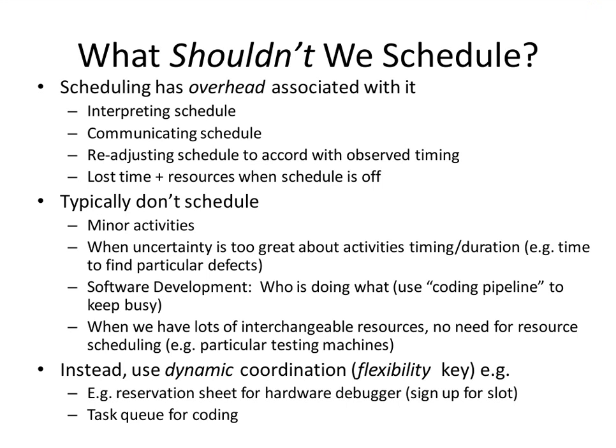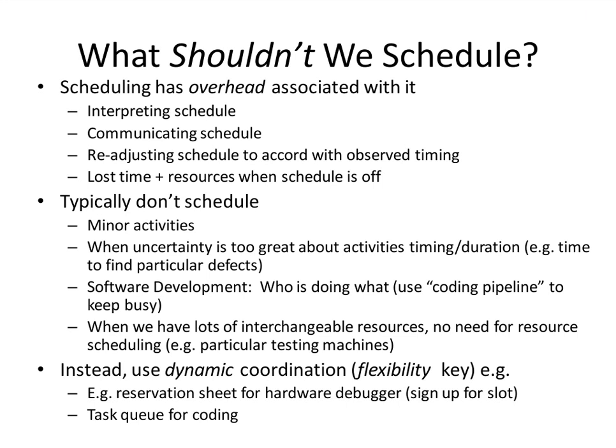I should note that scheduling is not ubiquitously required or advised. So there's a certain amount of activities that we don't schedule, particularly for software, but also for other domains. Fundamentally, scheduling does have an overhead associated with it, and it's an overhead of formulating it, putting it into software, working with it formally, updating it if you're thrown off schedule.